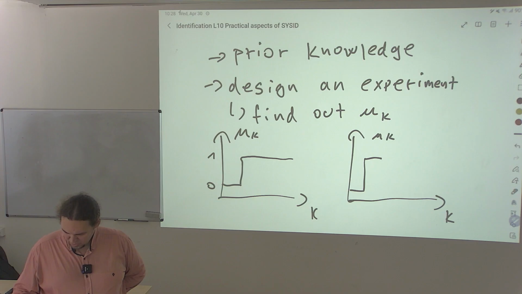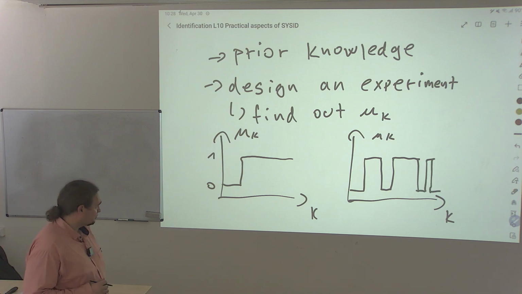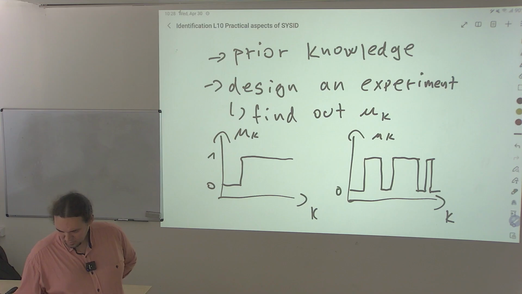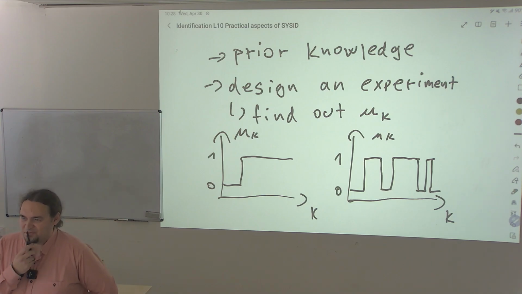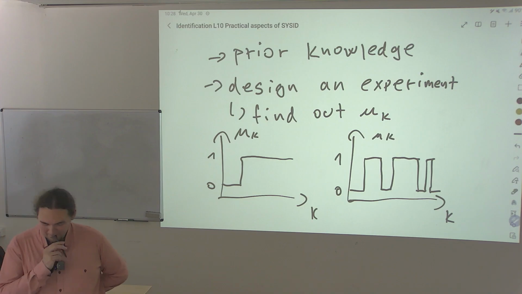Let's say I do just a short step, then I do a longer step, then I do a shorter step, and I get back. What would you feel would be the difference?